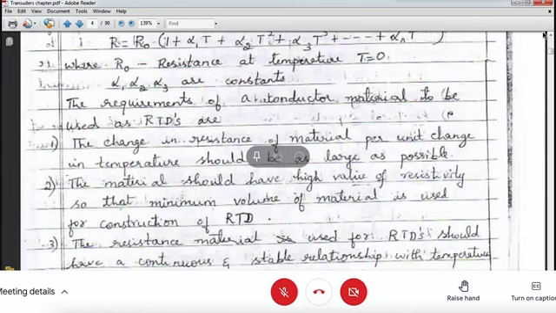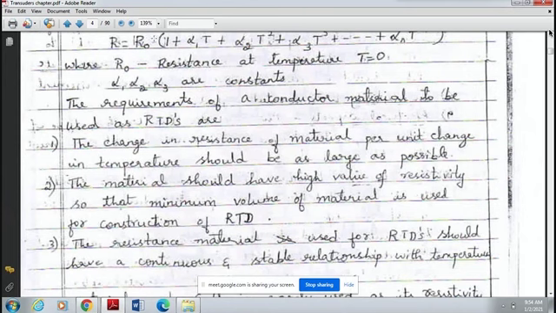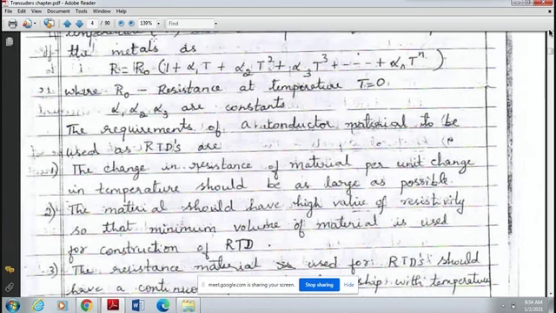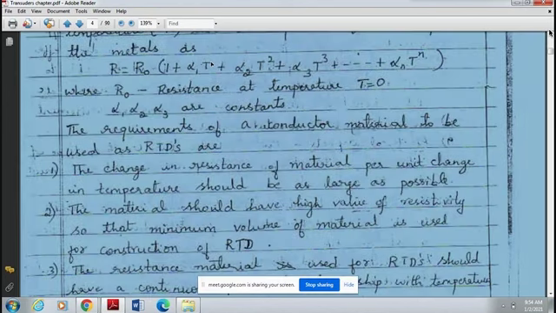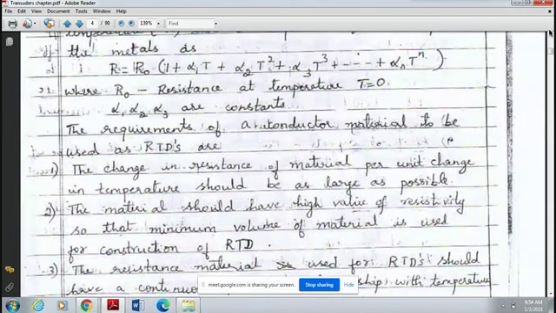So how that resistance value is detected is by using this formula. Here in this formula you can easily understand. This is the initial resistance, which we select when the temperature is 0. Whenever a small change occurs in the temperature, we note that change here and multiply it by a constant.